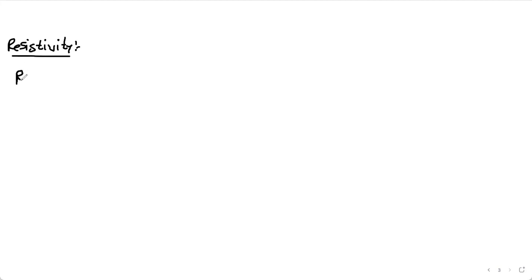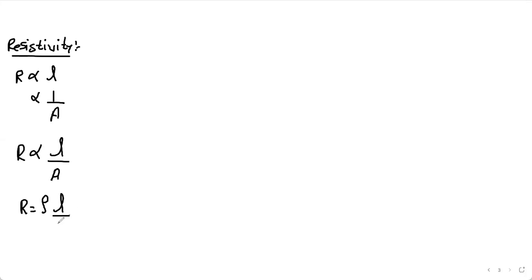So this is how we define resistivity. Resistance is directly proportional to length. It's inversely proportional to area of cross section. When I combine these two things, I can write that R is proportional to L by A. When I remove the sign of proportionality, I will use a constant which is rho.